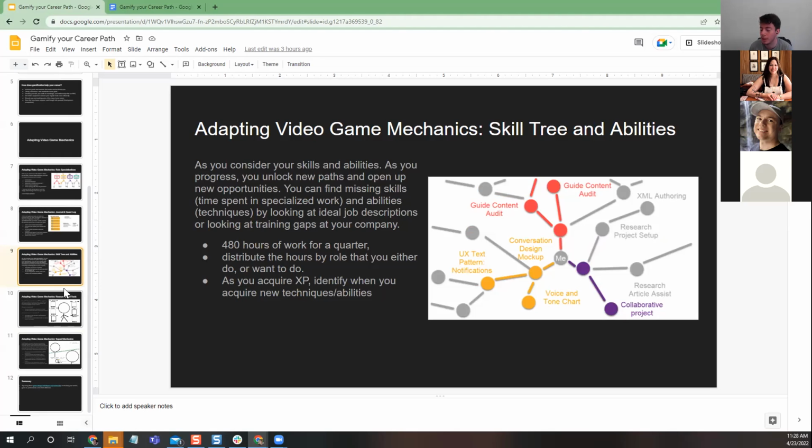If you think about a 40-hour work week, and then you distribute those hours by the roles that we talked about in the beginning, you can start thinking about what skills you want to unlock. If you go to those careers that you're interested in and you're like, oh, I don't know how to use this skill, but you think about where that applies in the area of your role, and then start adding those skills by your number of hours that you've applied to that.